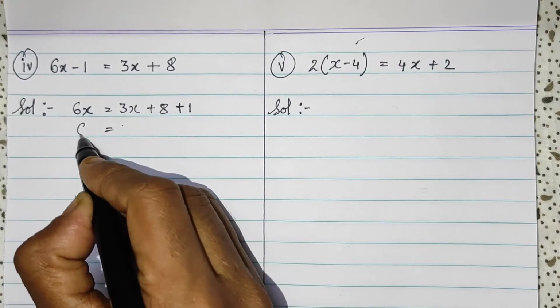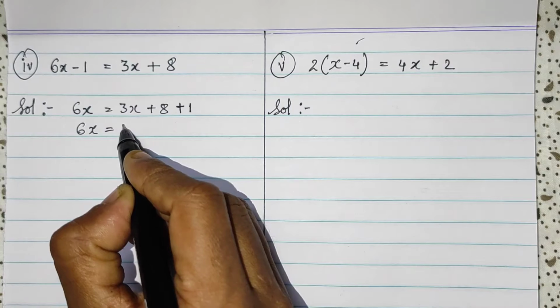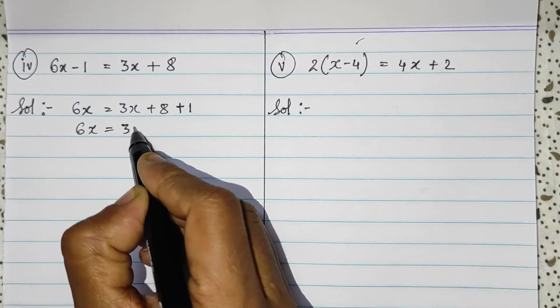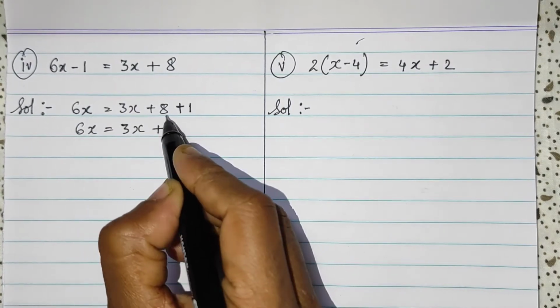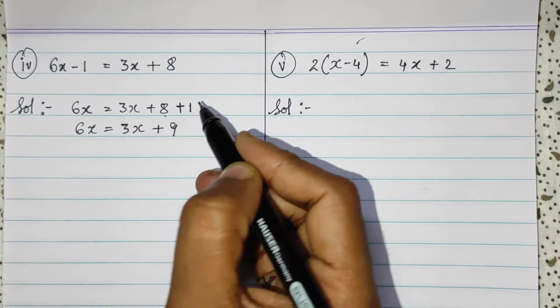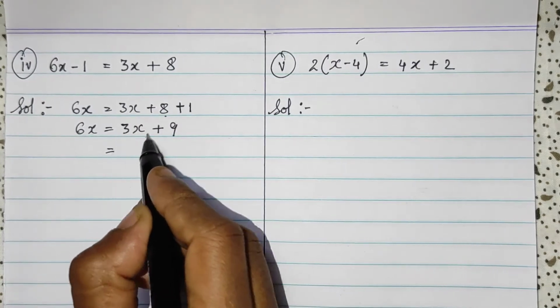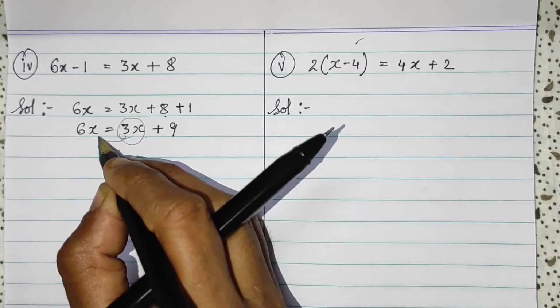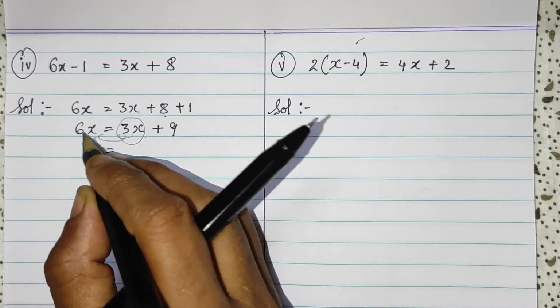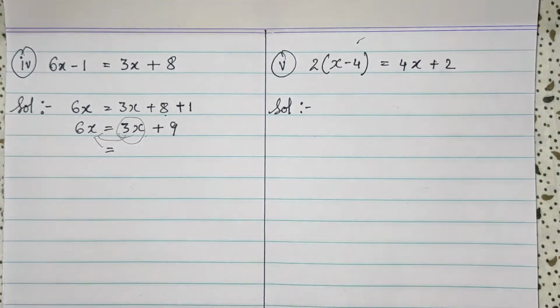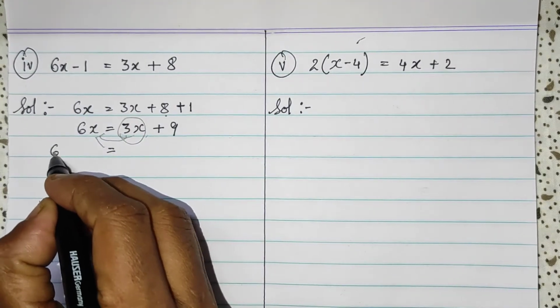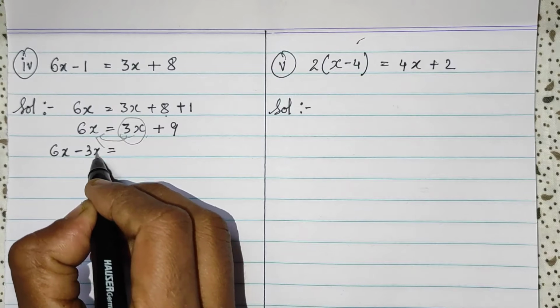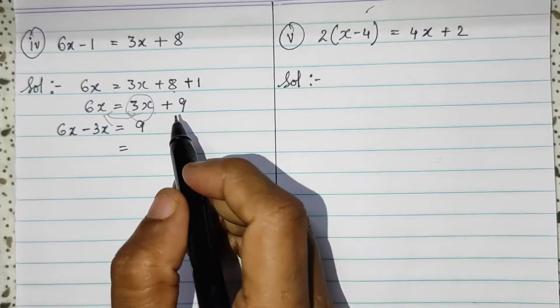So here 6x equals to 3x plus 8 plus 1, 9. Now this 3x you take over here. Okay, so 6x, this will become minus 6x minus 3x and then 9.